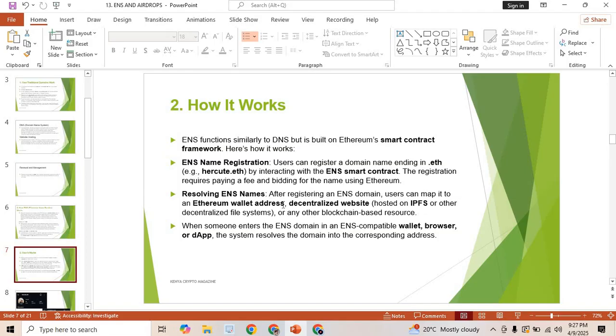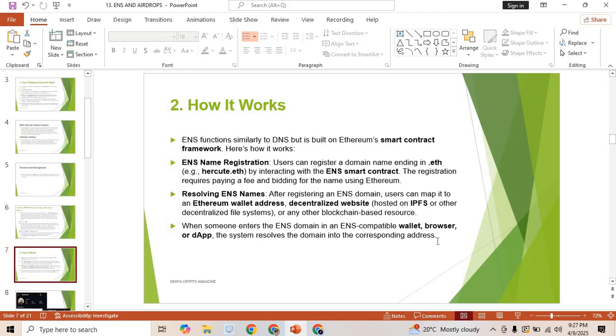So resolving an ENS name. This is the next point. After registering an ENS domain, users can map it to an Ethereum wallet address, a decentralized website hosted by IPFS, or another decentralized file system or blockchain-based resource. When someone enters an ENS domain in an ENS-compatible wallet or browser, the system resolves the name into a corresponding address.